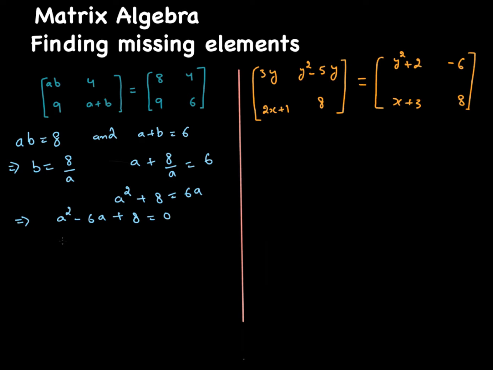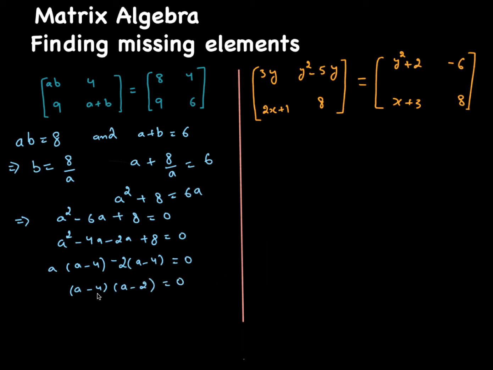Okay, so A square, we're gonna break down 6A into 4A and 2A, plus 8 is equal to 0. So take out A, gives me A minus 4, A minus 4, negative 2 is equal to 0. So this gives me A minus 4 and A minus 2 is equal to 0.